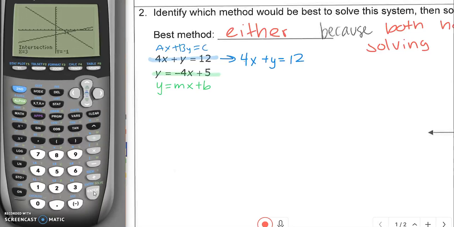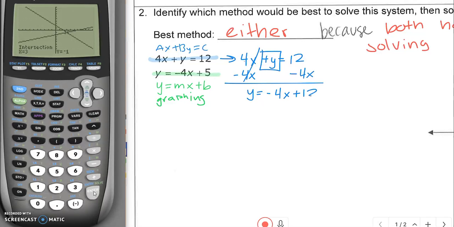I need both of them in slope-intercept form, so I'm going to get y by itself. I move that 4x, so subtract 4x. Anytime you move, you're adding or subtracting. And I get y equals negative 4x plus 12, which means I have them both in y equals, and I can put them into my graph.